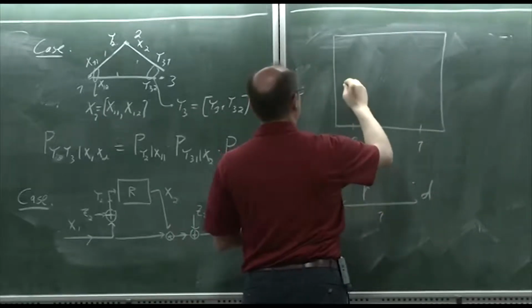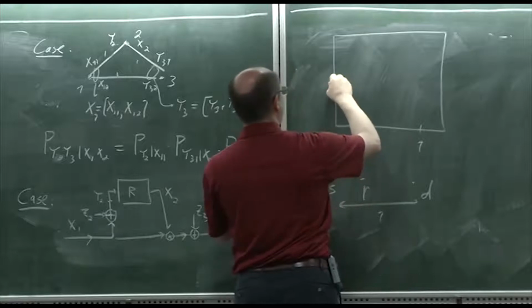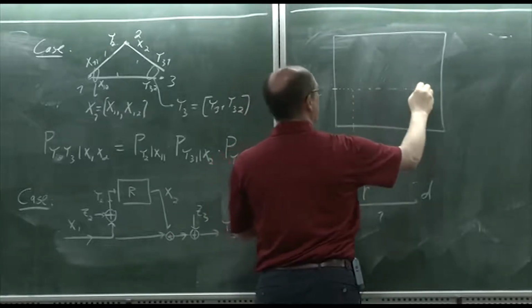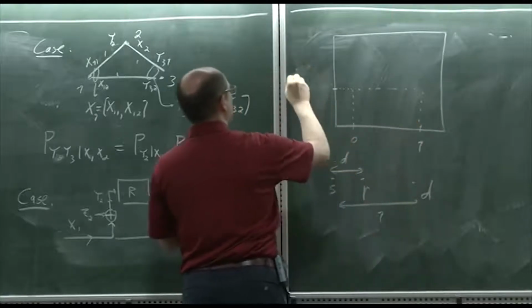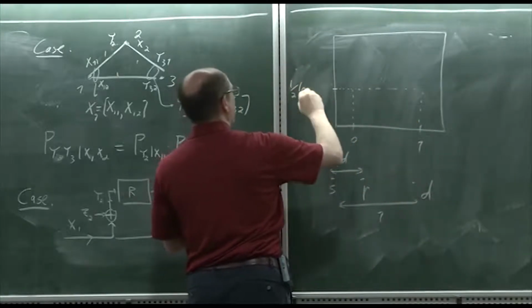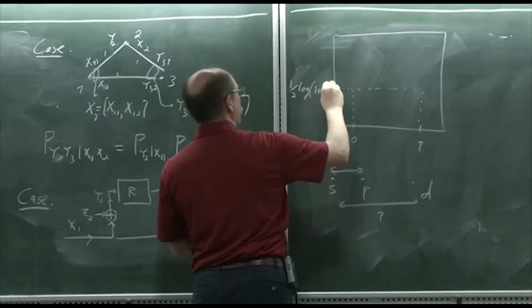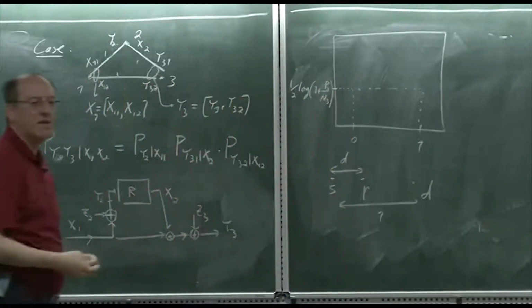And the cut set bound. So here, using no relay, the rate is half log of 1 plus P1 by N3. That's the rate you would get without the relay.